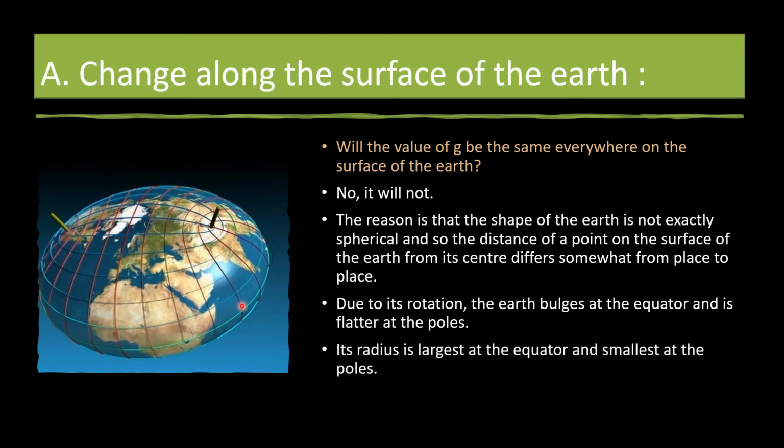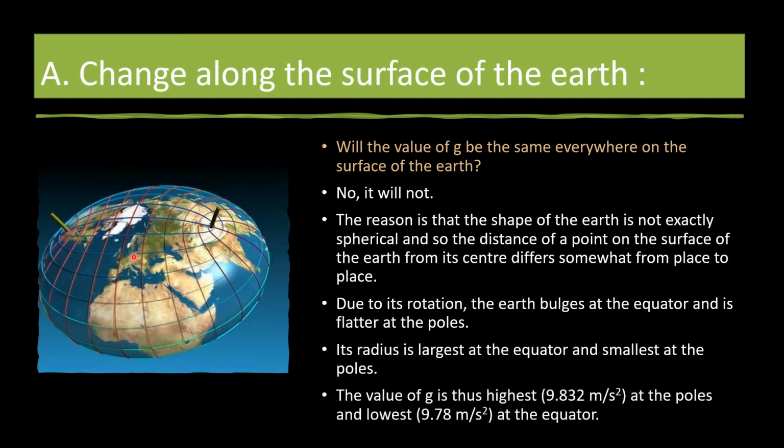So what happens when you look at the radius? You know the value of g depends upon the mass and radius of the earth. If we calculate, the radius is largest at the equator and smallest at the pole. When you calculate the values, the value of g will be higher at the poles and lowest at the equator.